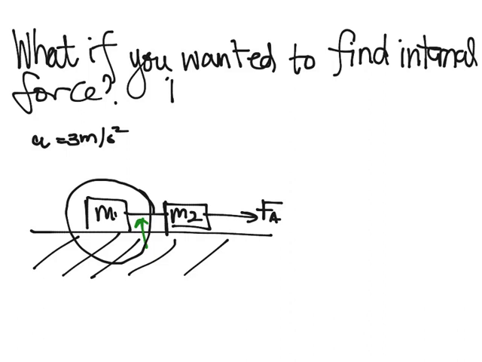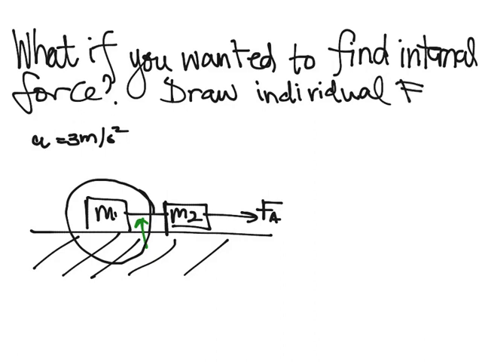So you draw an individual object force body diagram. Okay, and what I've really done is I've redefined my system so that M1 is now the whole of my system, and this tension is going to be an external force.